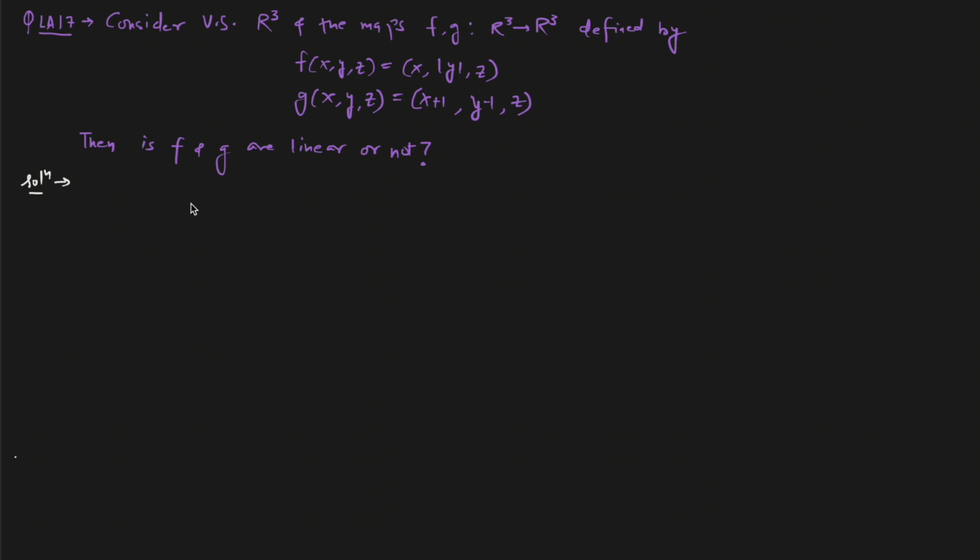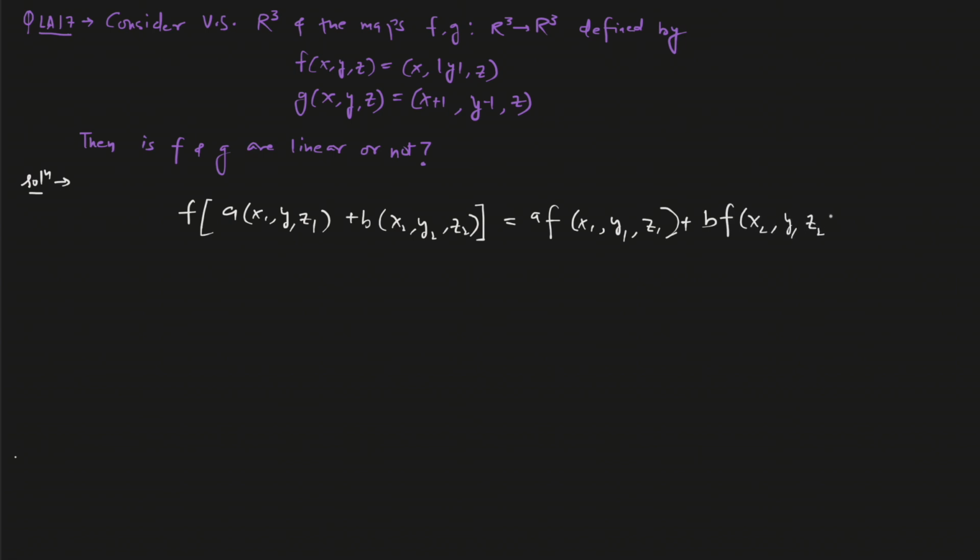It says that if this is the f function, then f of a times the first vector, let us suppose it is x1 y1 z1, because it's an R3 to R3 map, so we need to take a three-dimensional vector, plus b times the second vector x2 y2 z2, should be a times f of x1 y1 z1 plus b times f of x2 y2 z2.